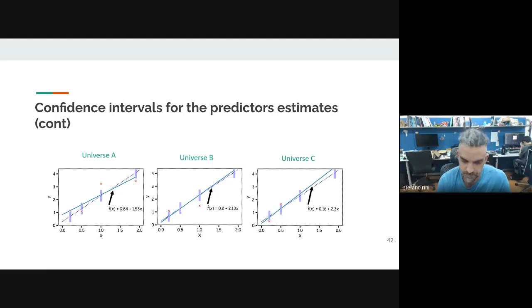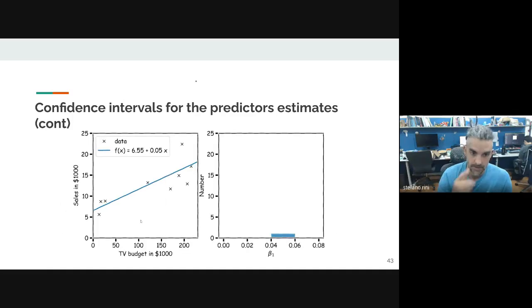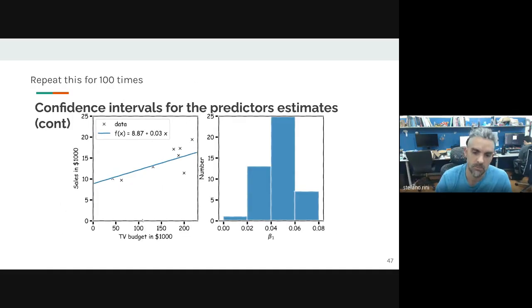And in each of these universes, our estimation procedure gave us a different optimal V0 and V1. As you repeat this operation, you build a distribution for the V0 and V1 values as you select different subsets of points from your data set. And this distribution will tell you what is the confidence that you have on the parameters in the model, okay?